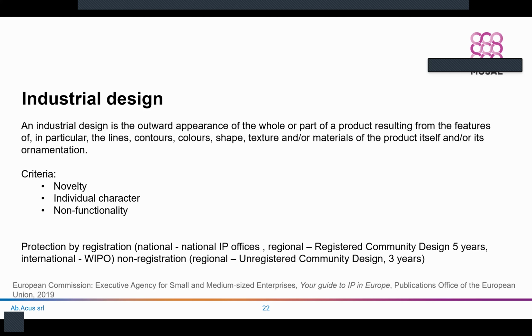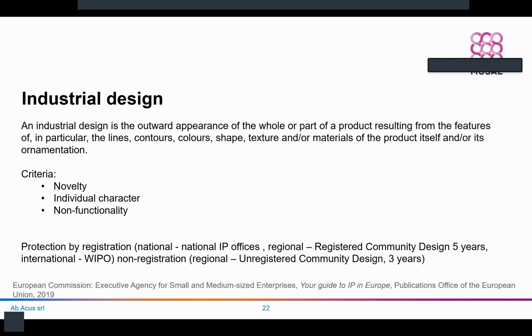And this protection is normally for 5 years, or you may also not register it, as an unregistered community design at European level. Normally, this kind of protection is used for designs that have a very short life, because it's covered up to 3 years.